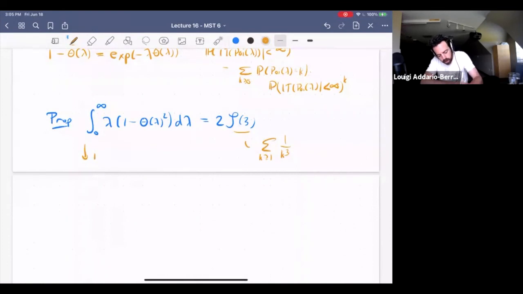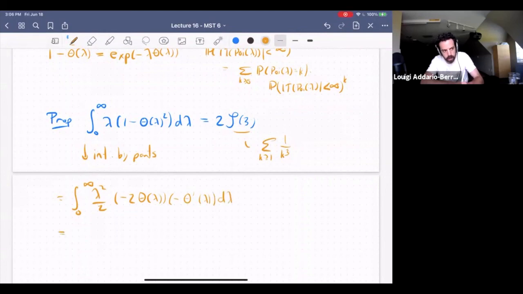Then that's the first integration by parts, and that gives you that this is the same as the integral from 0 to infinity of lambda squared on 2 times minus 2 theta lambda minus theta prime lambda d lambda, which, if we just cancel out the minuses and the factor 2's, gives us the integral of lambda squared theta lambda theta prime lambda.